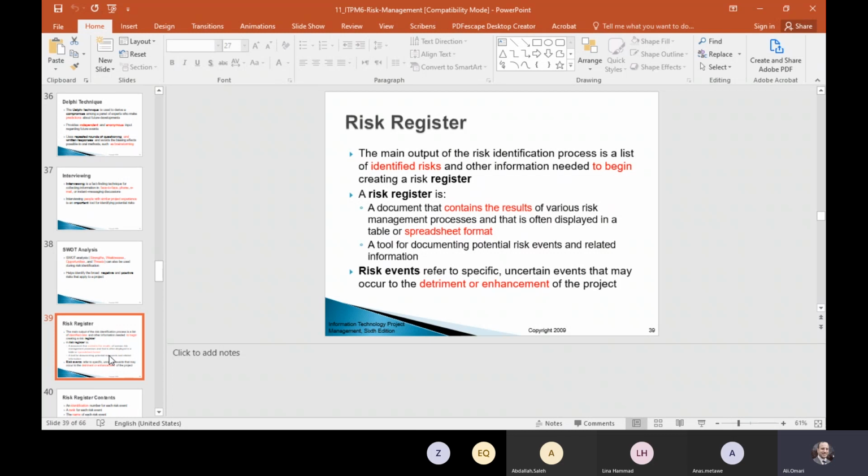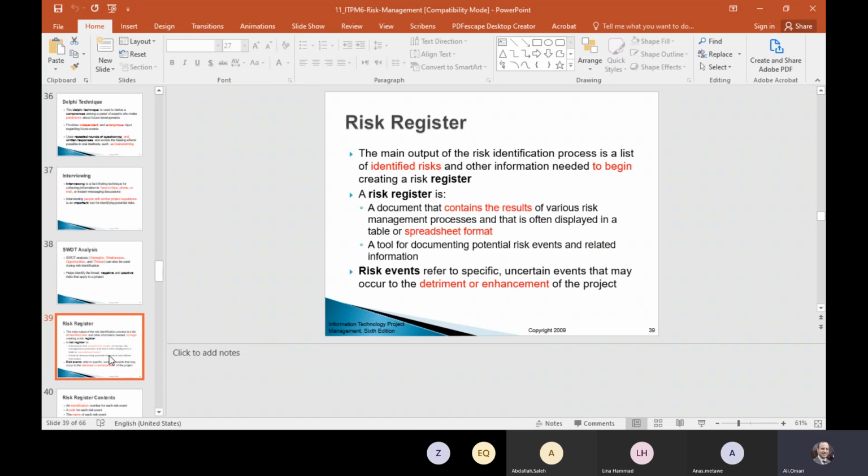It includes the list of the risks and information related to the risks. Usually it's a spreadsheet format. We're using a spreadsheet to create the risk register.